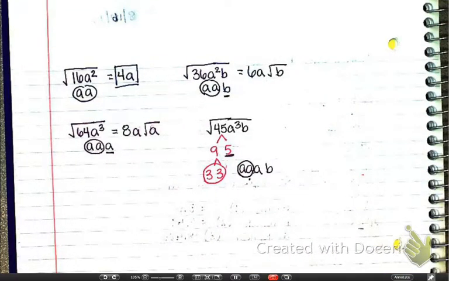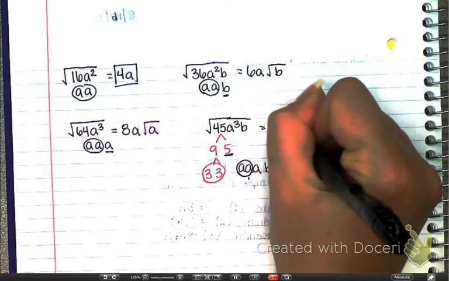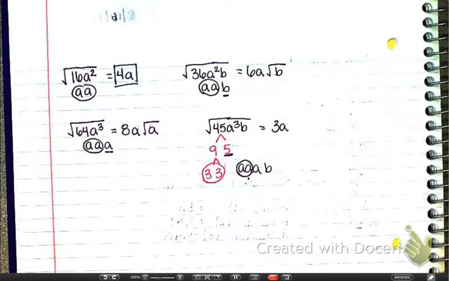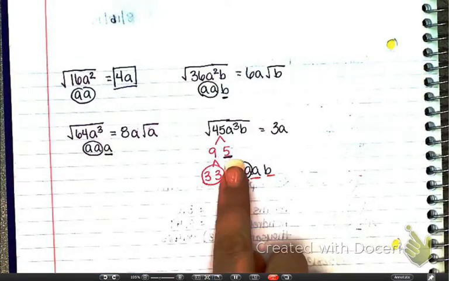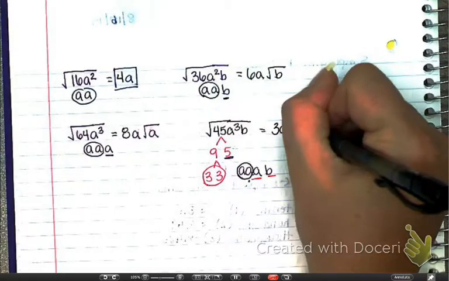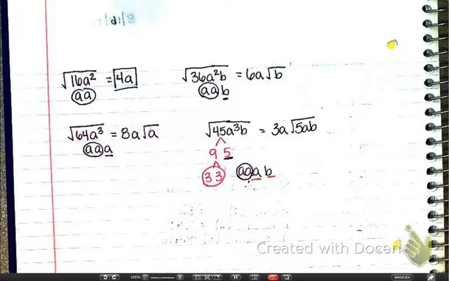So my pairs come out. 3 times a is 3a. My leftovers stay inside. 5 times a times b is 5ab. Pairs come out, leftovers stay inside.